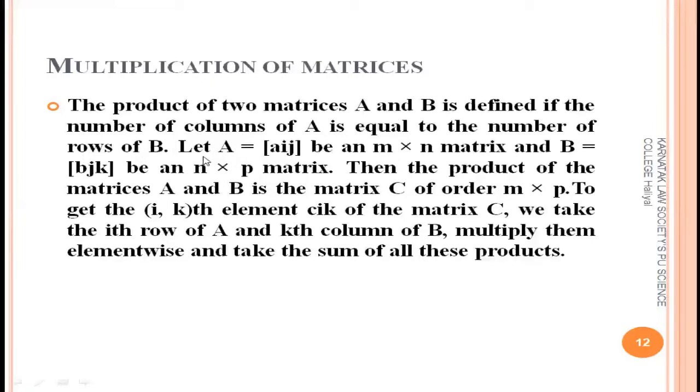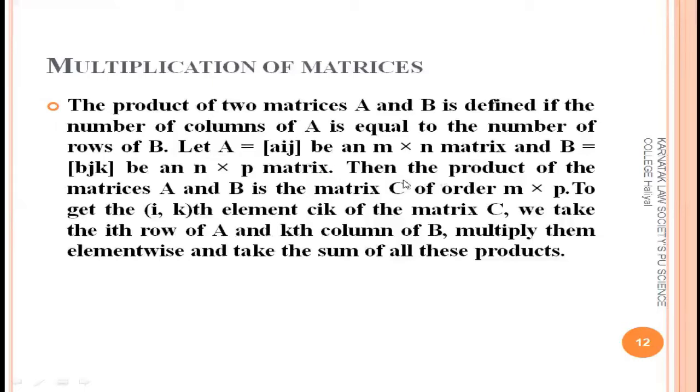The resultant matrix is obtained by multiplying element wise, that is first row into first column, first row into second column, means whatever may be the order, multiplying them element wise and taking the sum of all these products.